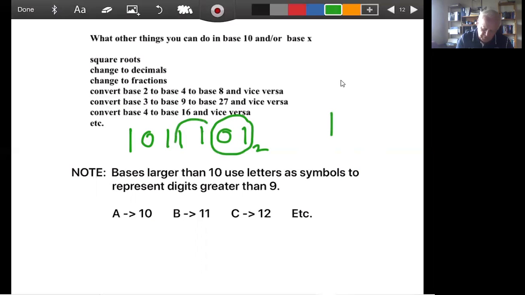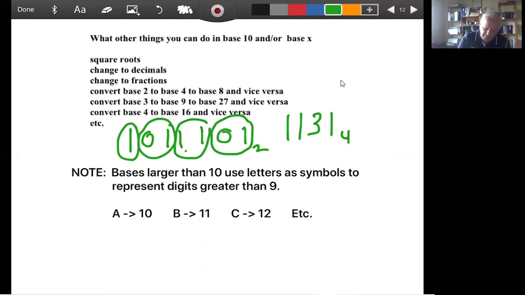We can take those 2, that's a 2 and a 1, so that's 3. We can take those 2, that's a 1, and we can take that one, and that's a 1, and that's what it looks like in base 4.